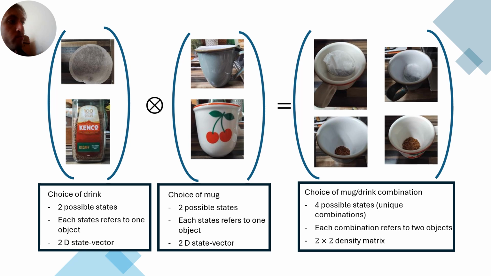So this kind of gives us one way where density matrices are rather special. Anything that you can describe as a state vector, you can describe as a density matrix, but density matrices can describe states that state vectors can't describe, such as states of composite systems.